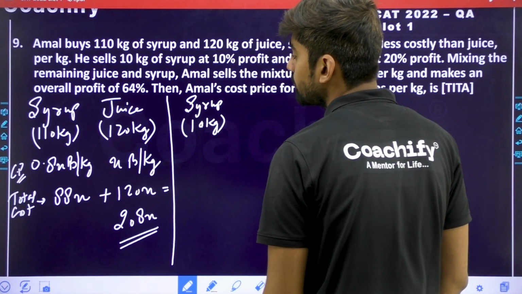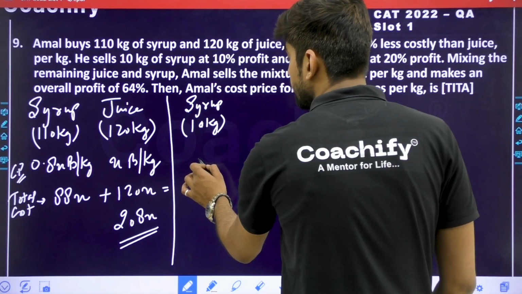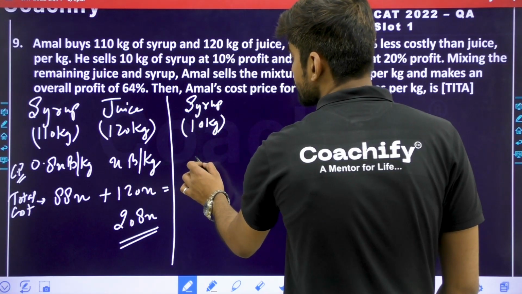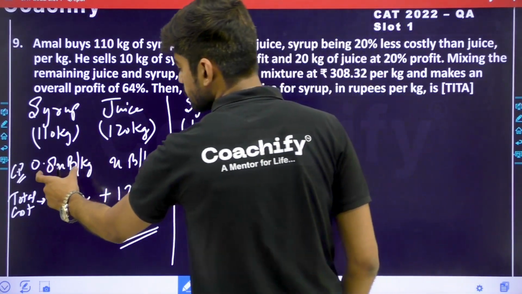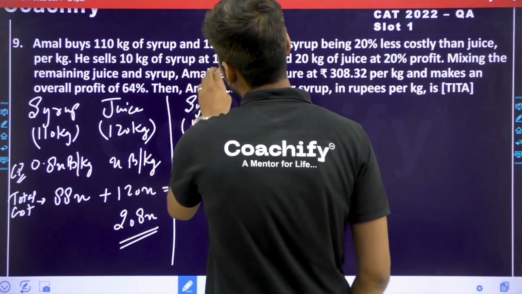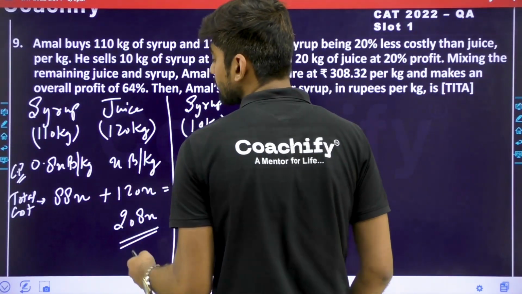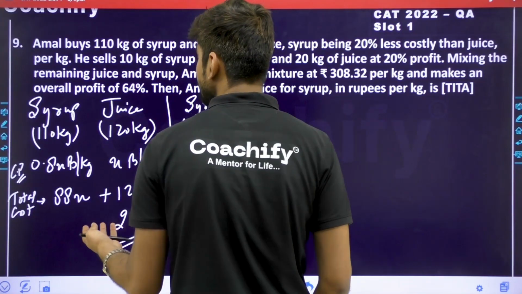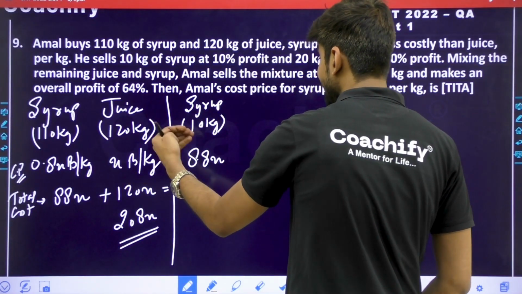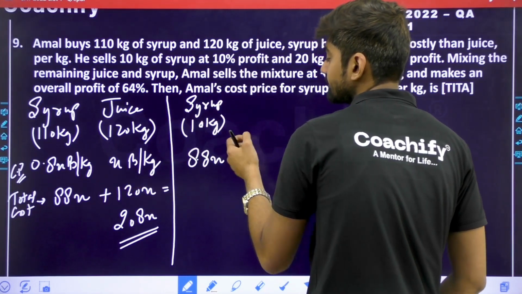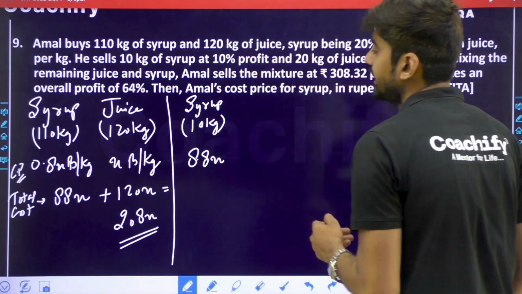So this is 1.1 into 0.8x, which gives 0.88x per kg. Multiply it with 10 kg, the result is 8.8x.